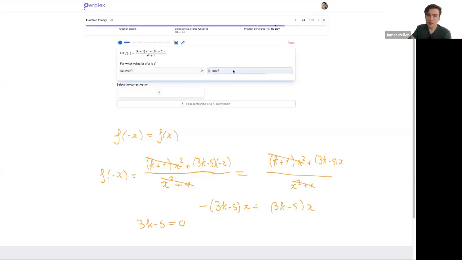All right, now the function is going to be odd when f of negative x is equal to negative the original function. Okay, I can do the same thing as before. The denominators aren't going to matter because they're the same.